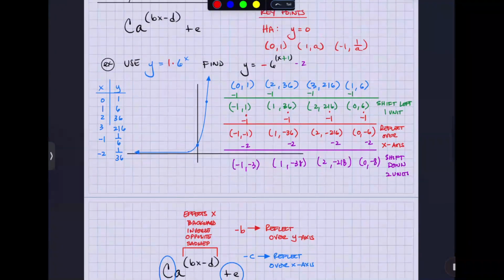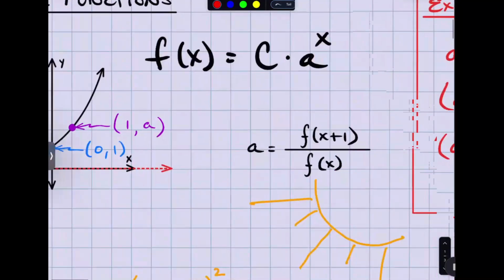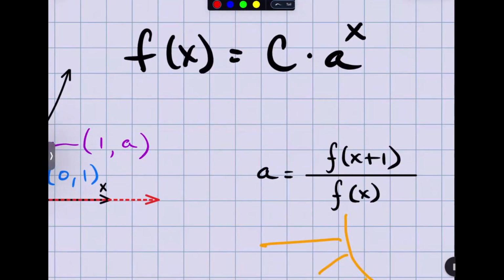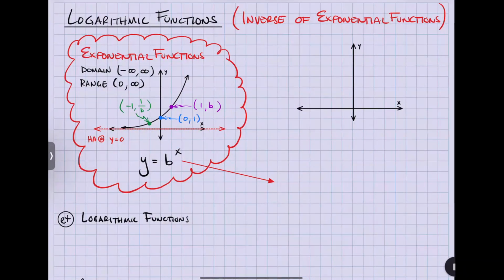So I'm going to remind you again, this is the exponential function, right? F of x is equal to, and most of the time we don't even talk about c anymore. The c is really only there when we're talking about transformation, but we mentioned it. However, I want to bring this up because the next part that we're going to be talking about is the logarithmic function, which is the inverse of the exponential function. So on the left, I put down as a reminder what the exponential function was, right?